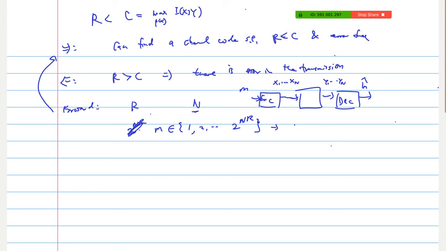Each message maps to a sequence of 0s and 1s of length n, which passes through this channel. As for what the messages physically mean here, this is just a label, just an index.